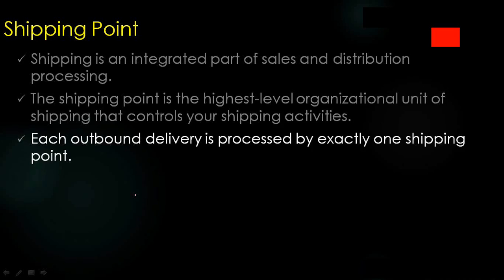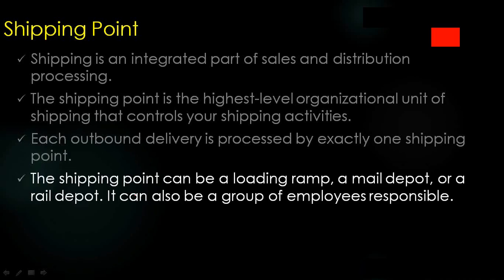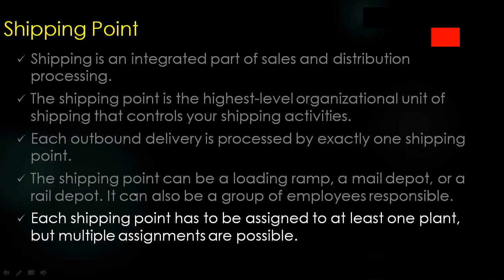Each outbound delivery is processed by exactly one shipping point. The shipping point can be a loading ramp, a mail depot, or a rail depot. It can also be a group of employees responsible. Each shipping point has to be assigned to at least one plant, but multiple assignments are possible.